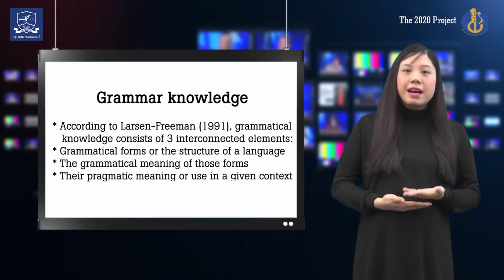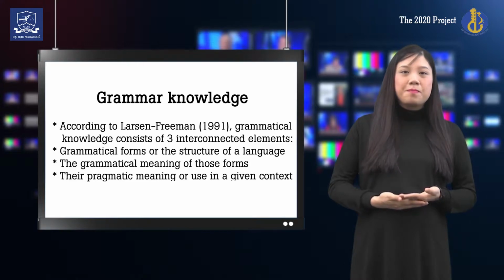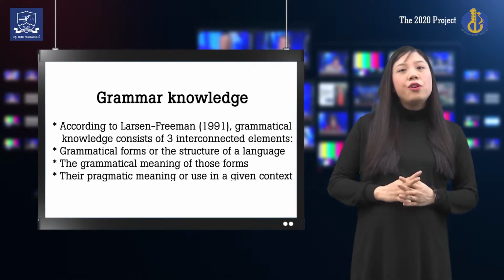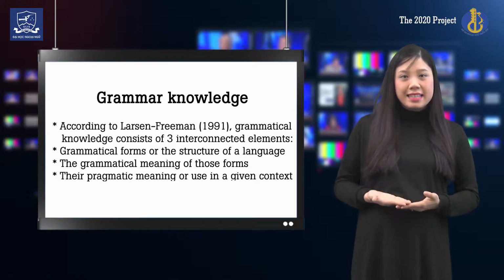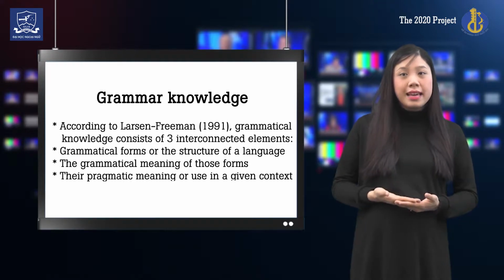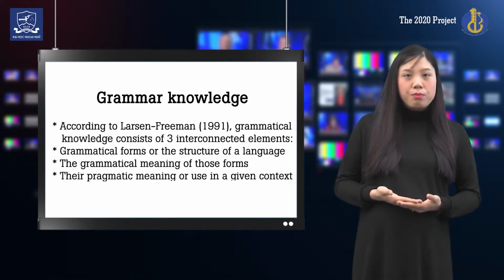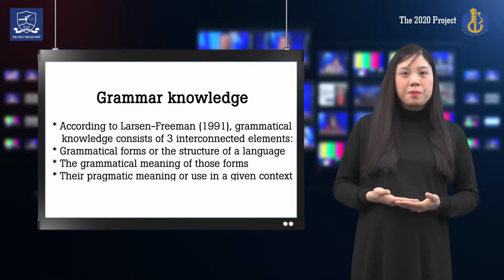The elements above refer to the following. One, form is both morphology, or how words are formed, and syntax, how words are strung together. Both morphology and syntax are concerned with the linguistic accuracy of language.